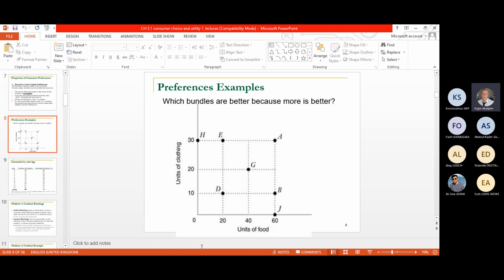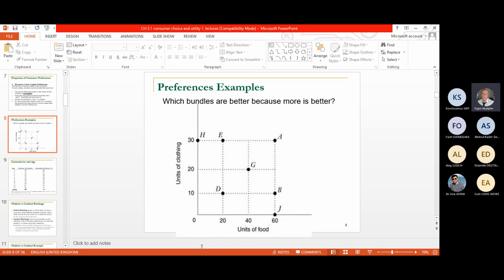Therefore, you may not determine whether E or B or G is better. It is directly related to the person who is going to consume the combination of these two.